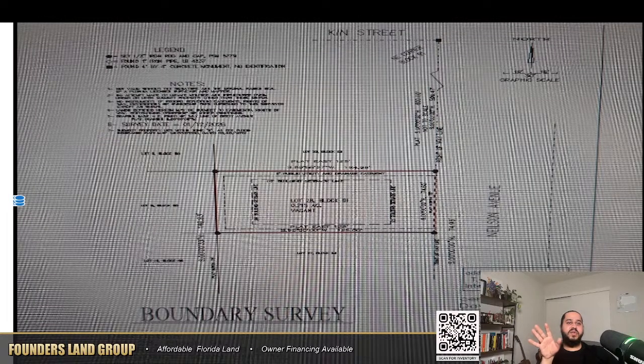So this is how a boundary survey will look once you have it done and you want to build on it. In order for you to get an address, you need a surveyor to do the boundary survey. And this is how you will get the whole picture. Just recapping, there is going to be a legend, there's going to be a north direction.